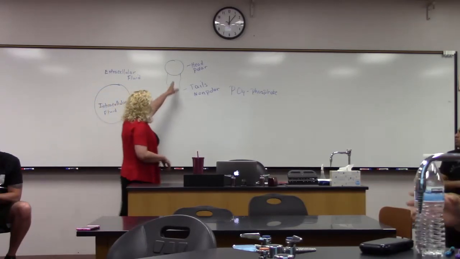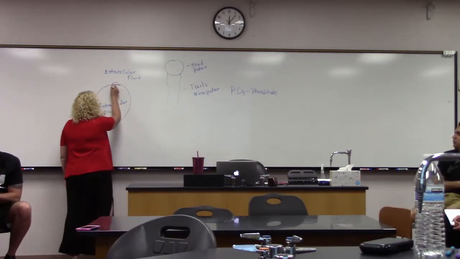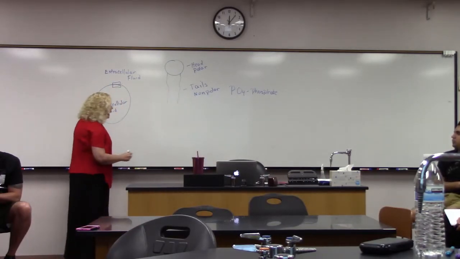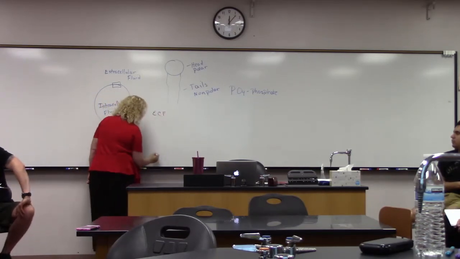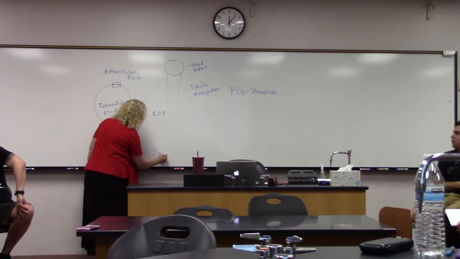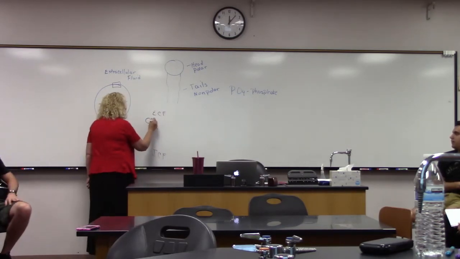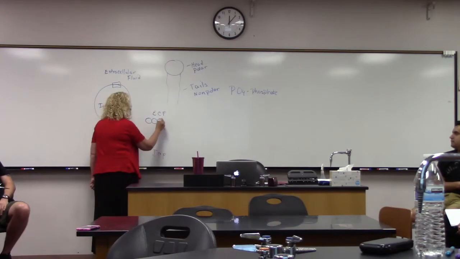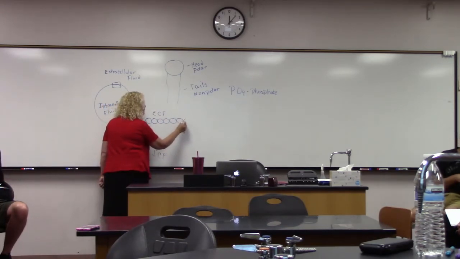Now, the polar head part, if you're looking at a piece of the cell membrane here, let's say this is the extracellular fluid here, we'll have intracellular fluid here, and our polar heads are going to line up along the edges that have the fluid.